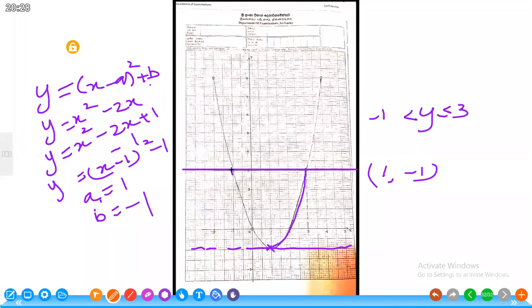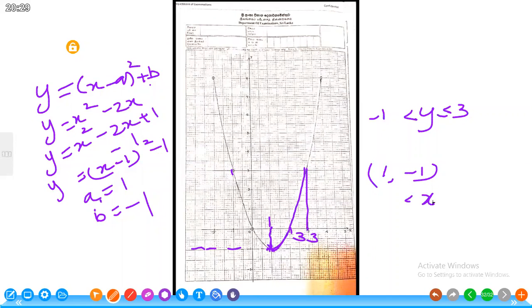I think the range of x is here 1, and here 3. Right? Okay. This part, you have to find the range of values of x. Here the y value is negative 1. Here the y value is 3. So what is the range of x between like this part?